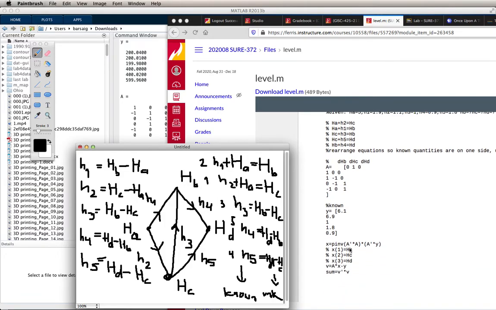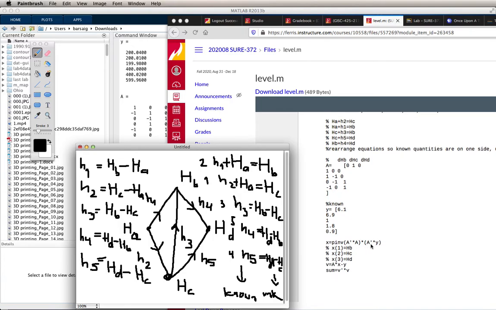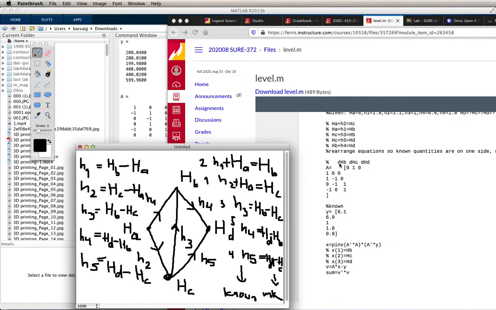Plugging back into our generic solution, A transpose A inverse A transpose Y. And for the x vector, x is a vector of the unknowns in this order: hb, hc, and hd. Calculate the residual and the sums of the squares of the residuals. So I'll just download this.